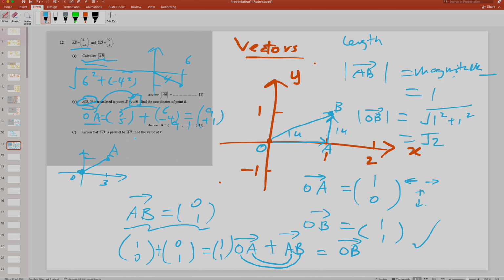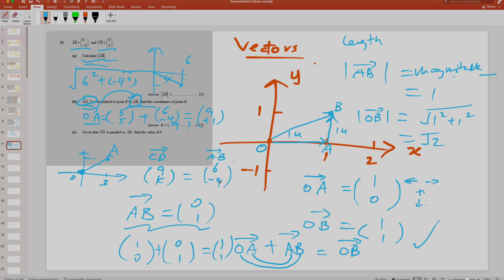Then given that CD is parallel to AB. CD is this one, and it's parallel to AB. You know when they are parallel, what it means? When they are parallel in vectors, this is your CD, this is your AB.